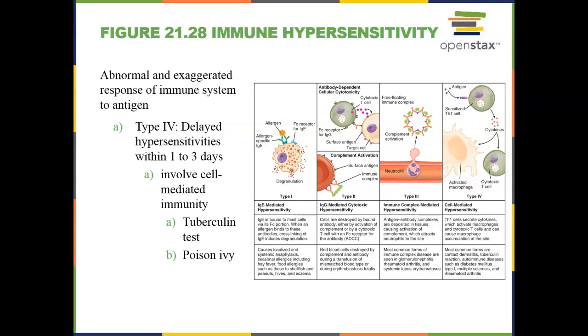So they look to see if there's a response to those antigens. And if there is a response, that means that you have or have in the past been infected with tuberculosis, potentially. Another one is poison ivy. If you ever come in contact with poison ivy, it usually takes a few days until you actually get the poison ivy rash.